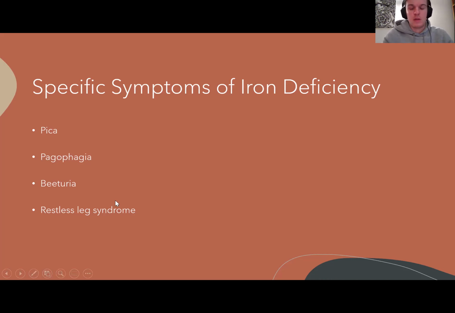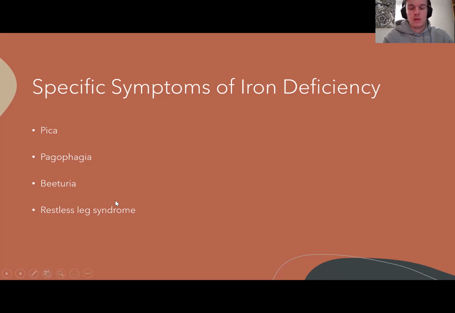So it's an autoimmune condition, and I'm sure you heard about it from your preclinical studies or your early years at uni. But what you have is there's an autoimmune attack of the parietal cells in the stomach. Those parietal cells would normally release intrinsic factor, which is just a protein that binds to B12 in the stomach, takes it down to the terminal ileum, and helps it get absorbed.